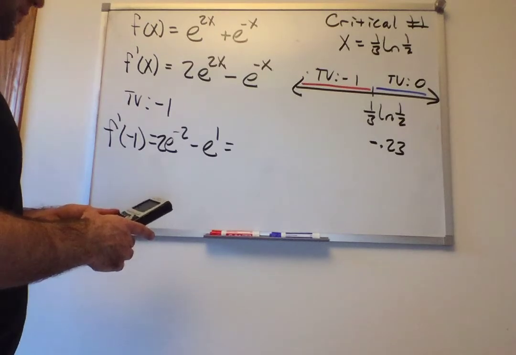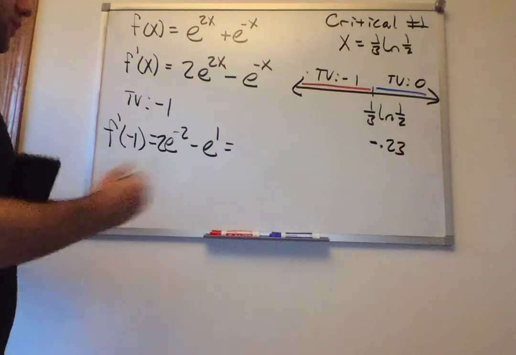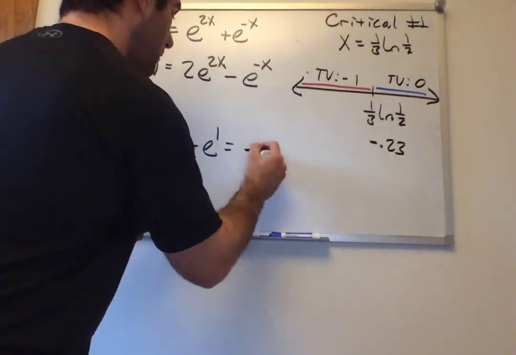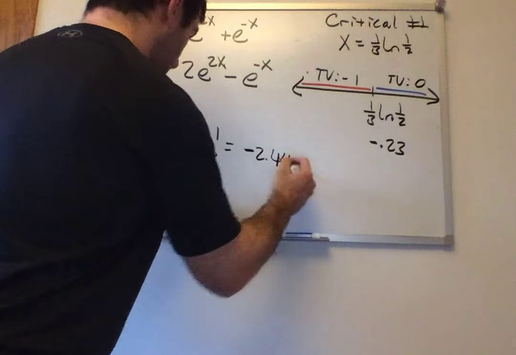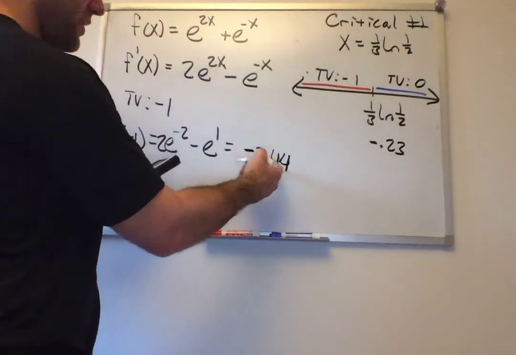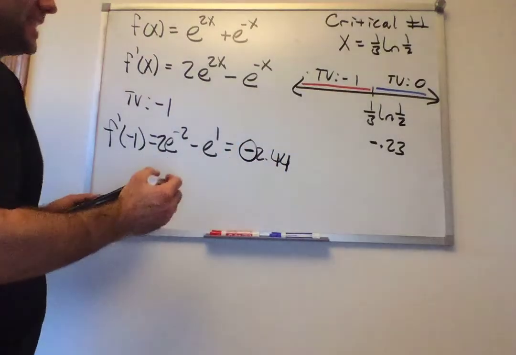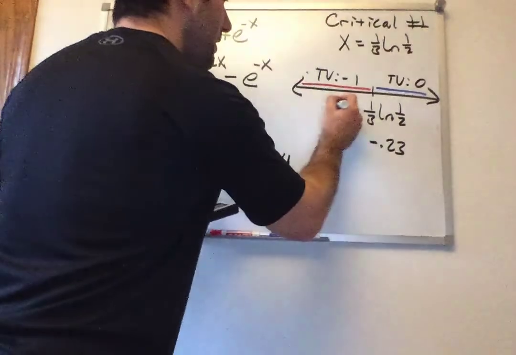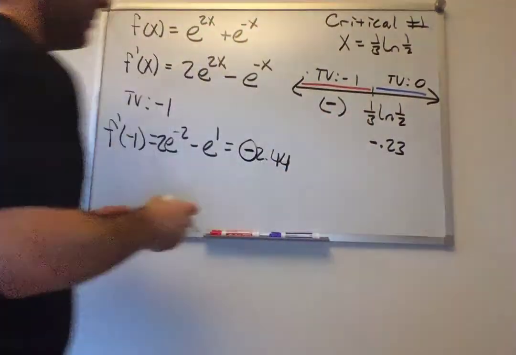Let's see. Yeah, and you get negative 2.44. Again, we don't care about the number. All we care about is that it's negative. So in this interval, it is negative.